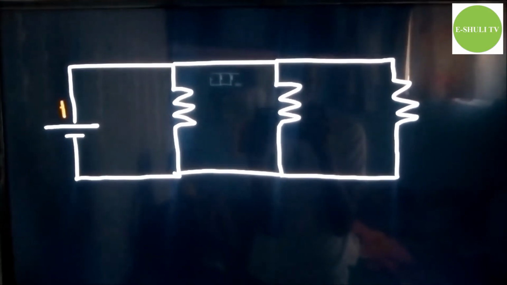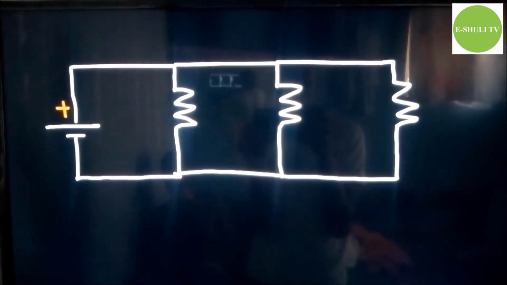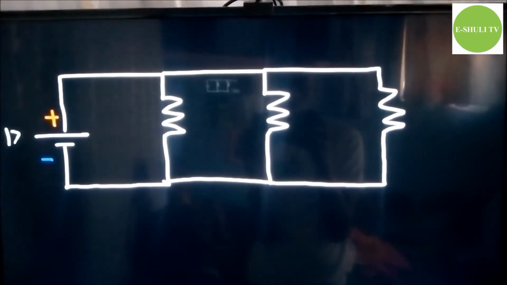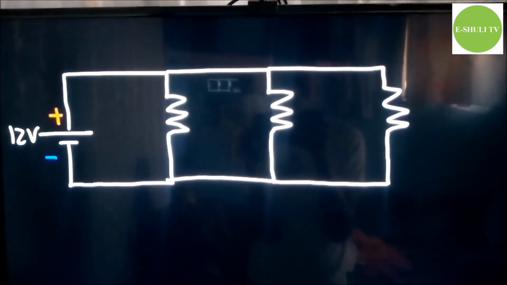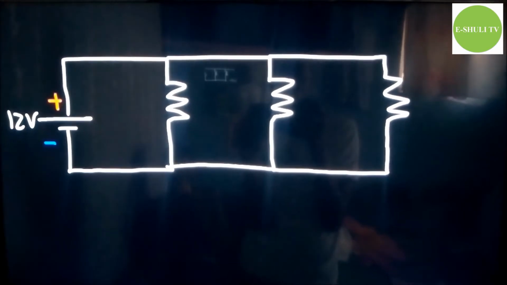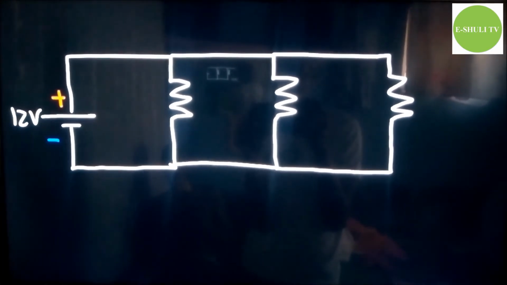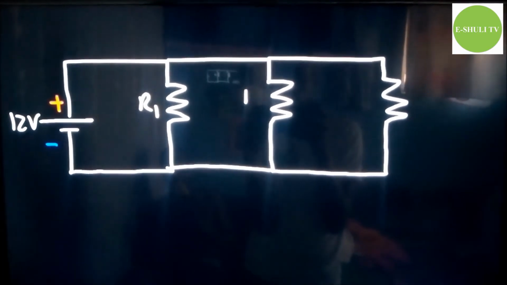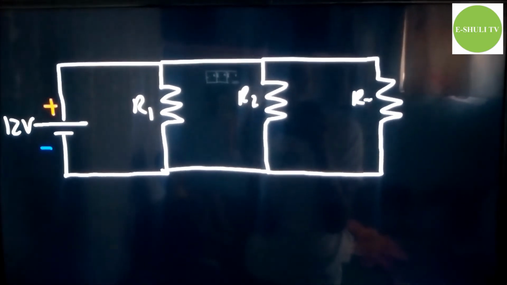So here we have a circuit which has a supply voltage, and you have 12 volts DC supplying this circuit. Then you have the first resistor, second resistor, and third resistor.